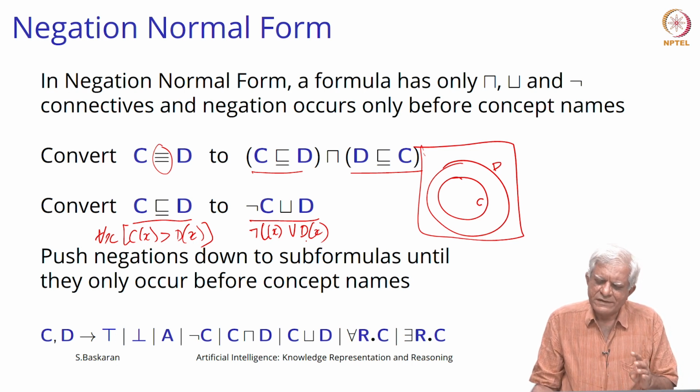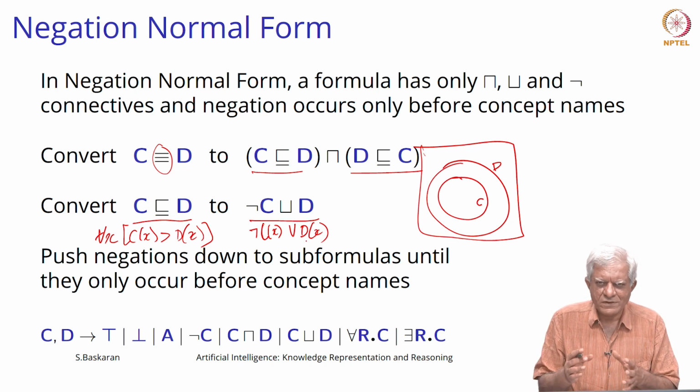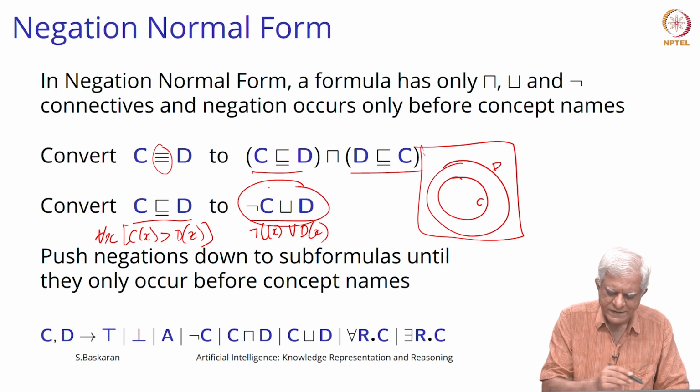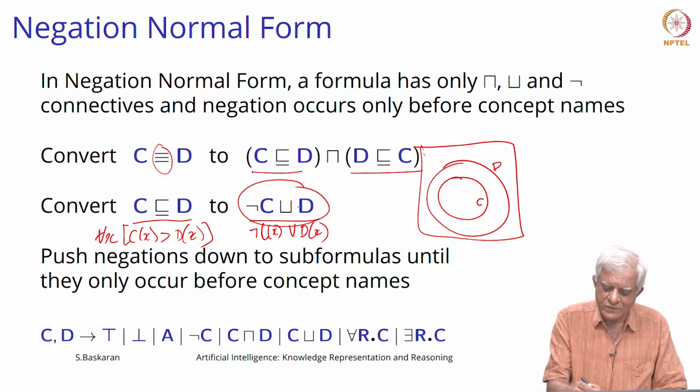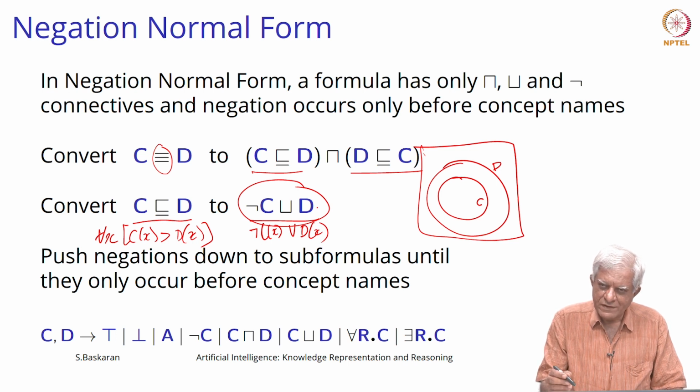But how does this work for reasoning? Now, remember that the Tableau method is basically a model checking method. It is looking for an interpretation, which is a model essentially. And what is this particular set saying? It is a union of everything that is not in C and everything that is in D essentially.